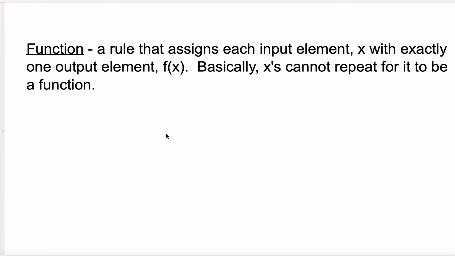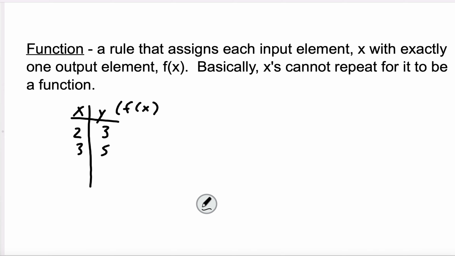So what exactly is a function? It's a rule that assigns each input value x with exactly one output element f of x. So it's basically the x's cannot repeat for a function. If I have a table of values with x and y, representing f of x, and I have 2 paired with 3, 3 paired with 5, 4 paired with 9, and also 3 paired with 4, you see how your x values are repeating.